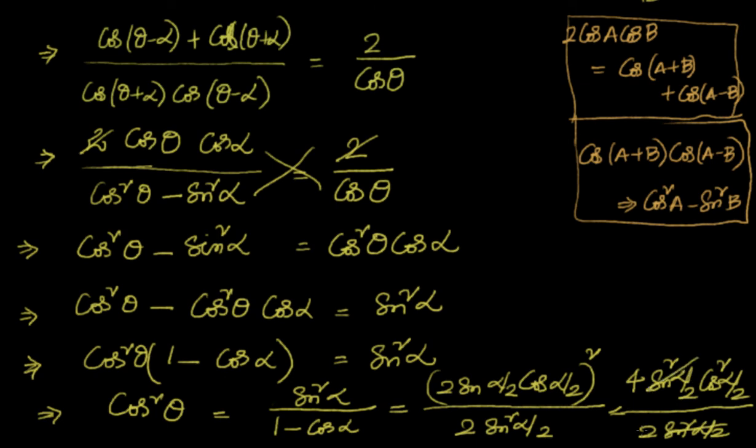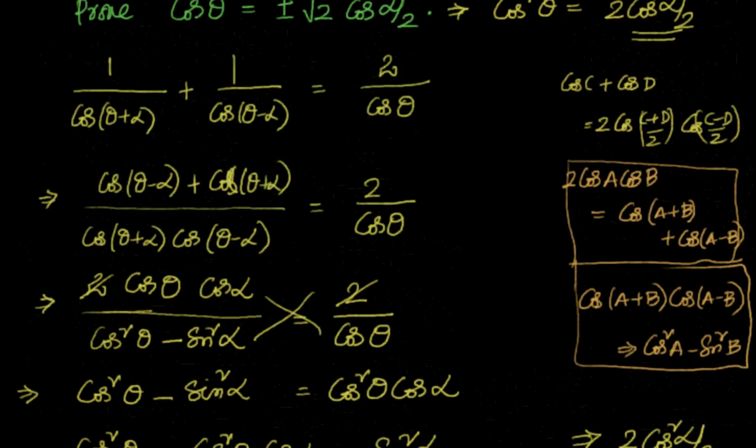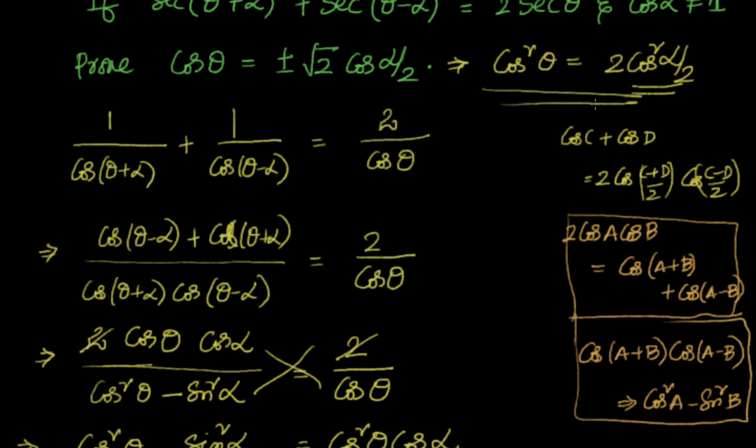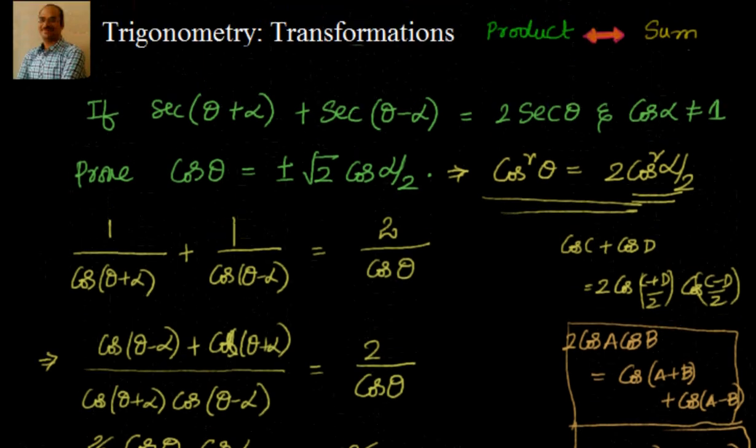Sin square alpha by 2 cancels, 4 by 2 is 2, that is nothing but equal to 2 cos square alpha by 2. Cos square theta is 2 cos square alpha by 2. That is what we want. If you take square root, that becomes cos theta equal to plus or minus root 2 cos alpha by 2.